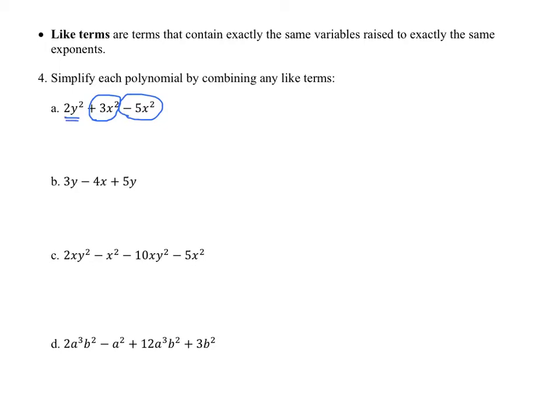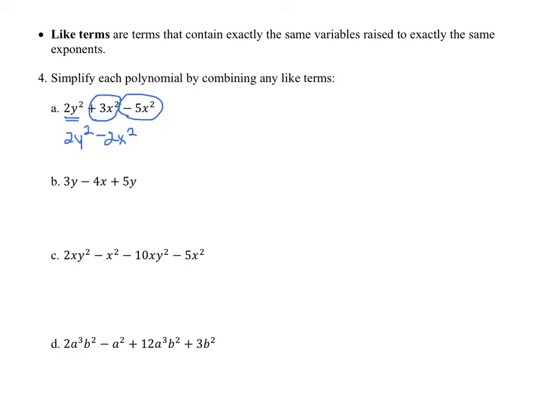This guy is different because he has a y in it. So we're just going to be combining this. So I have 3 pieces of paper with x squared written on it, and I owe you 5 pieces of paper with x squared written on it. So when I combine this, I get a negative 2x squared, and 2y squared just comes down like that.